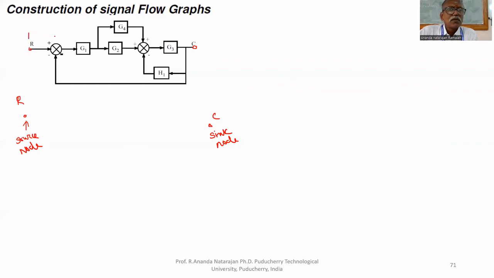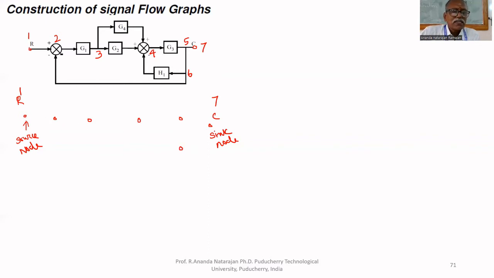First node, this is second node, this is third node, fourth node, fifth node, sixth node, seventh node. Therefore, C is seventh node, R is first node. Now we can draw all other nodes: second node, third node, fourth node, fifth node, sixth node. That's all.